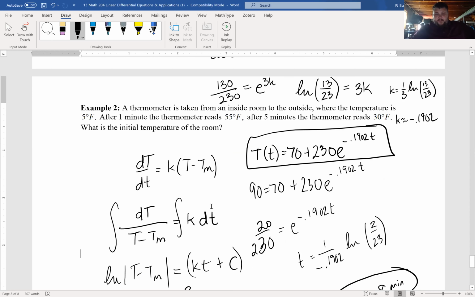The only difference between what I did and what you're going to do is, what is Tm in example 2? Can somebody tell me that? 5 degrees, right?